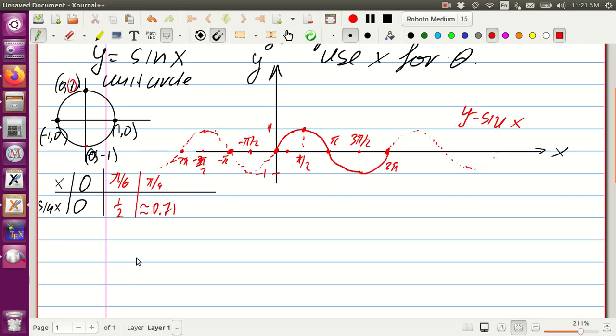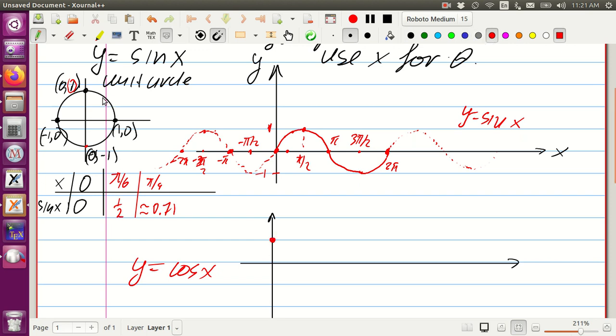And the same we can do for y equals cosine of x. So let's think about cosine. Cosine on the unit circle coincides with the x value. So if you think about the angle equal to 0, the x value is 1. So the cosine starts at 1.